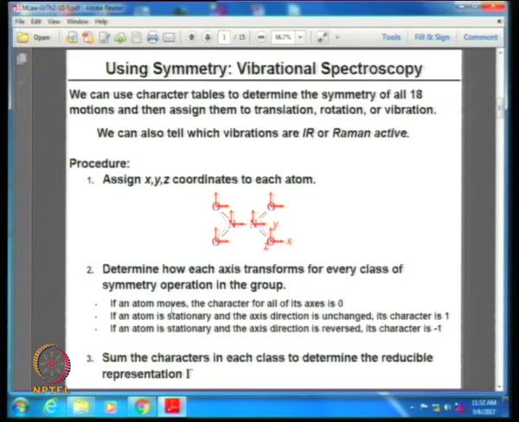If an atom moves, the character for all its axes is 0. If an atom is stationary and the axis direction is unchanged, then the character is +1. If an atom is stationary and direction is reversed, then the character is -1. And then sum the characters in each class to determine the irrep of the whole representation gamma. So for each of the atoms we calculate these and then add to get gamma.